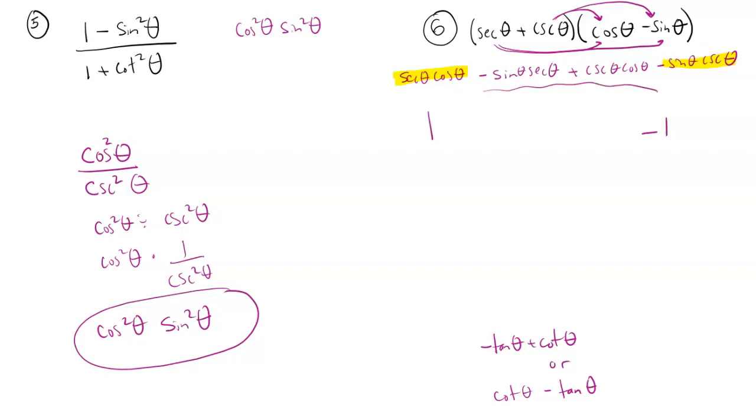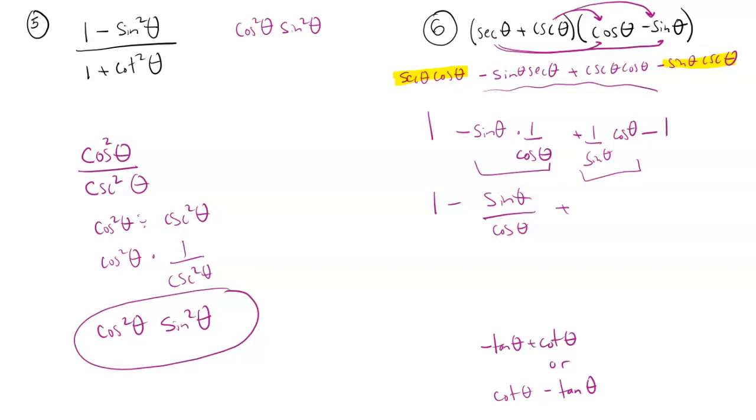Again, if you get stuck, ask yourself, okay, where do I need to go? Tangents are made up of sines and cosines. So I'm going to change secant to 1 over cosine, and I'm going to change cosecant to 1 over sine. I could do this in one step, but I'm going to show you what's happening. You'll multiply these two together, and then you'll multiply those two together.